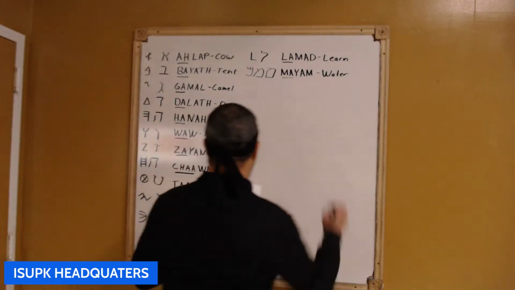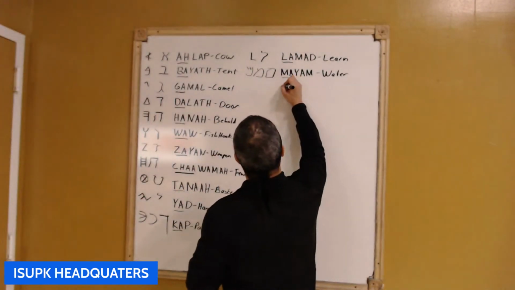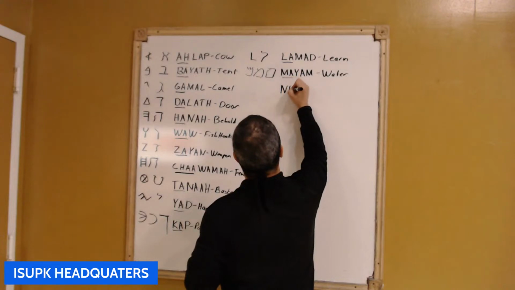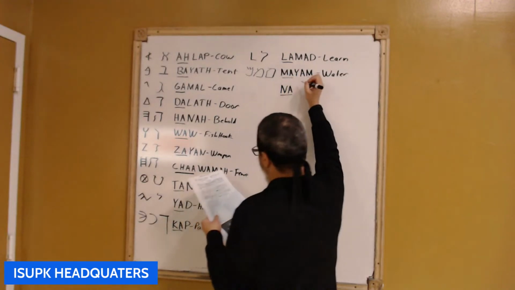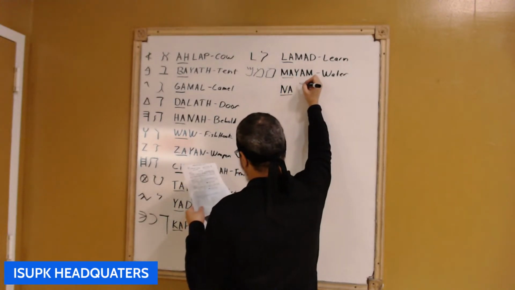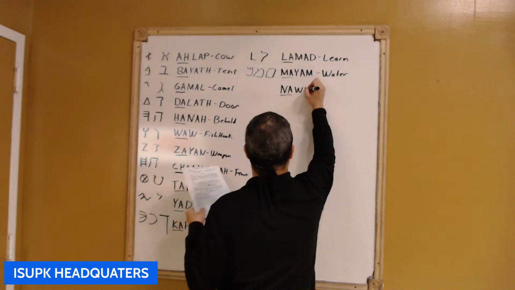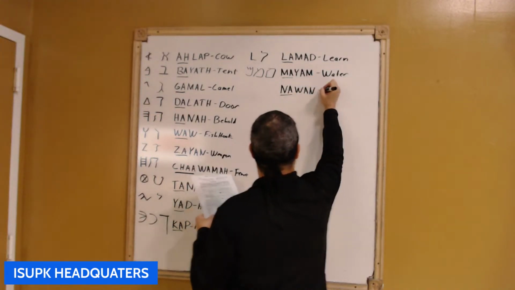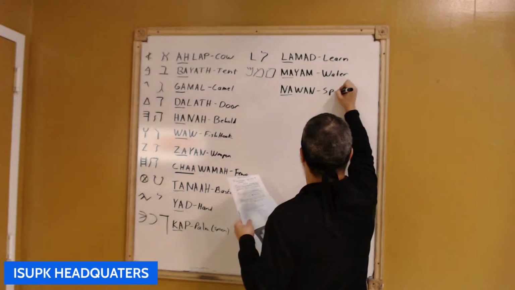Then you have the na sound, and that na is short for nawan, which is sprout.